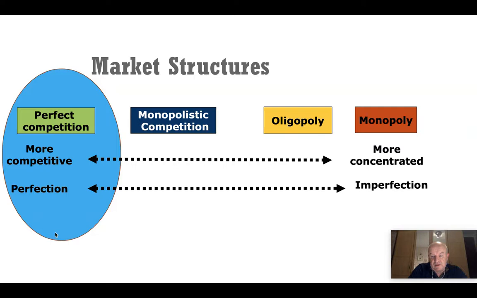Clearly, a monopoly is much more concentrated, being much less competitive, i.e. there's less consumer choice in terms of what they pay for their product, but also the different alternatives they might be able to buy.